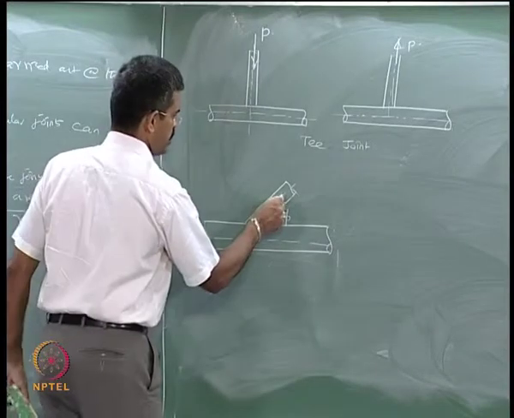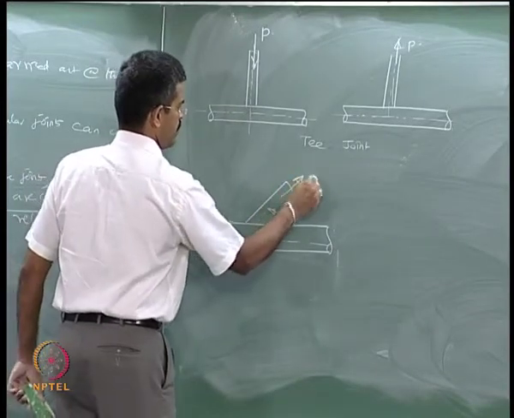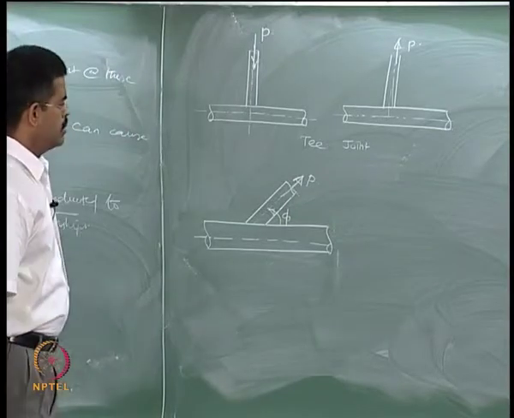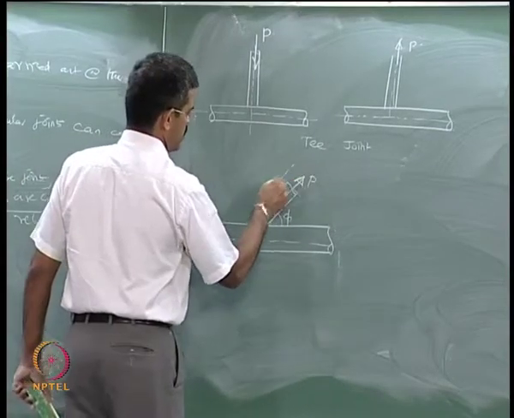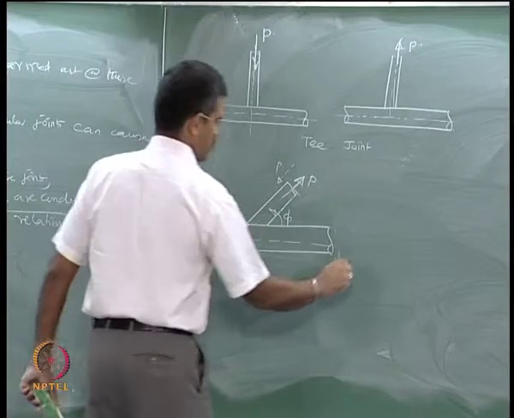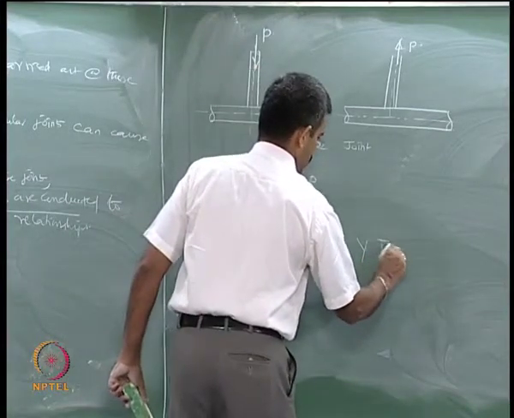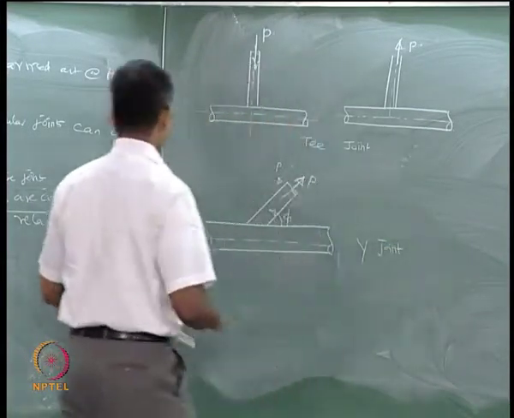This is called as a Y joint, can again have P acting outward, can also have P acting inward.